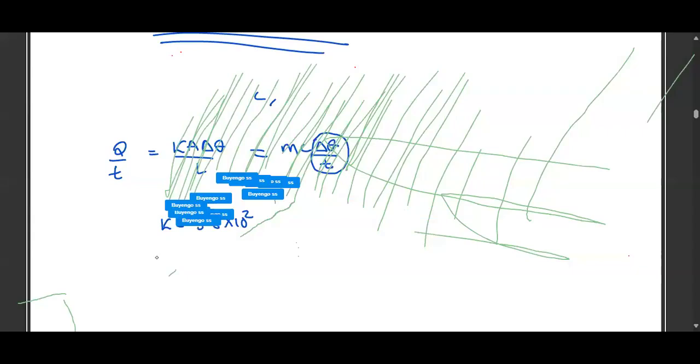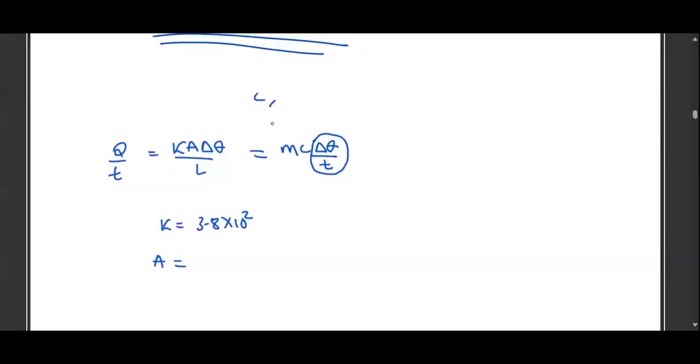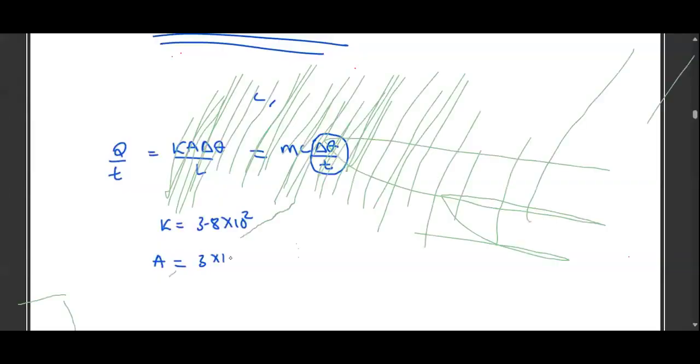And our area was given from the question as 3.0 times 10 power negative 2 meters squared.